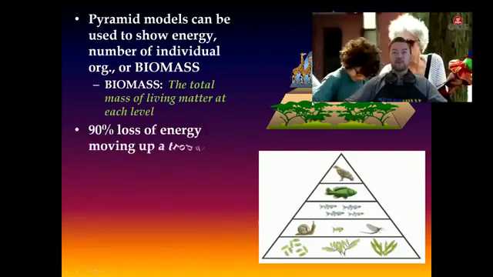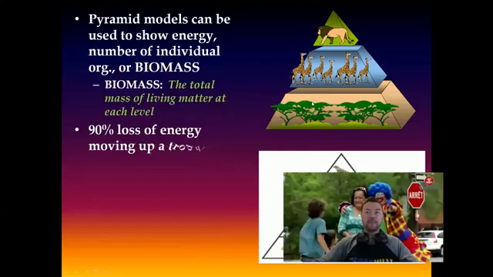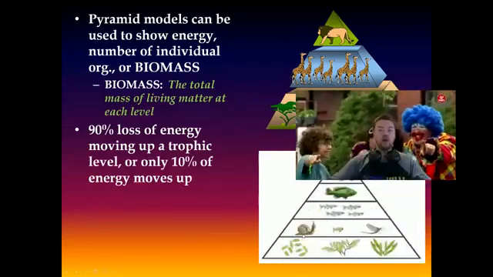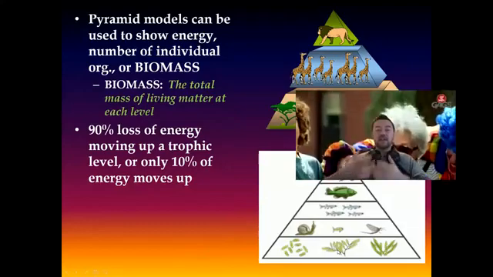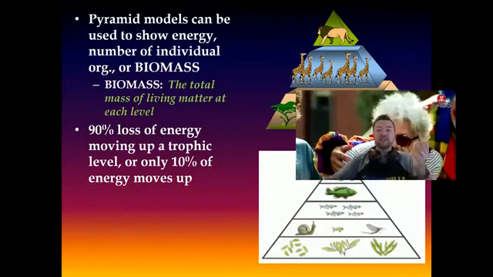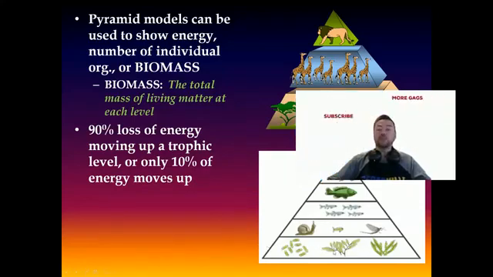Same thing here with this little cool picture there. But the problem is, even though there's all of this material, not all of the energy moves up into the next level. Let's say that there was 1 million units of energy in this level. When you consume other organisms, you don't get to tap into all that energy.